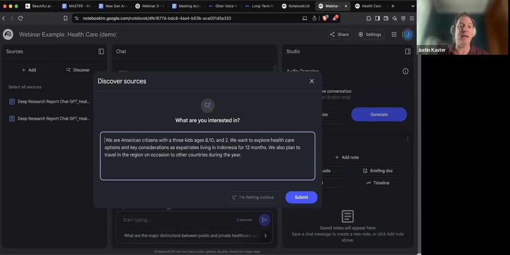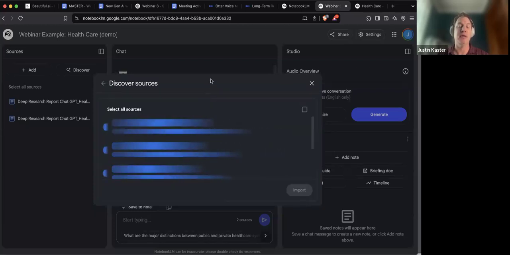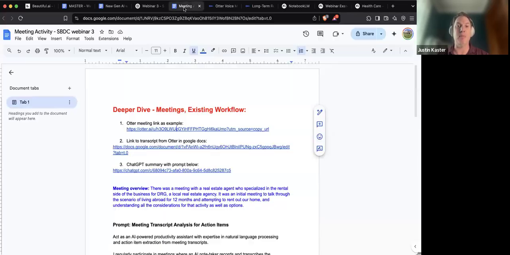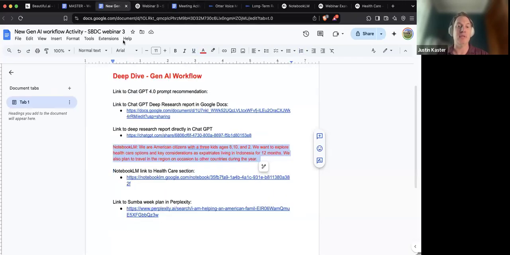I just type this in and it will generate a variety of sources here that I can bring in. So what I'm going to do is give you the same thing to try on your end, which is this here to type into that discover function.